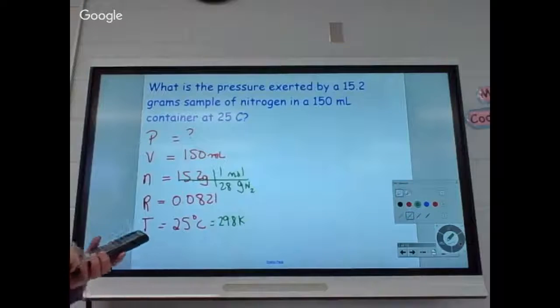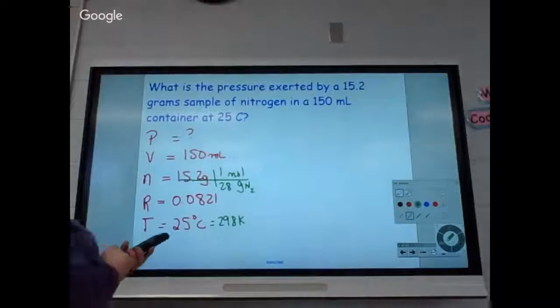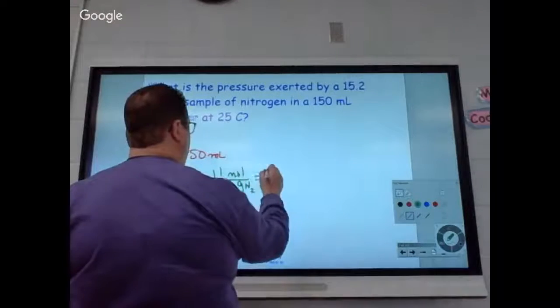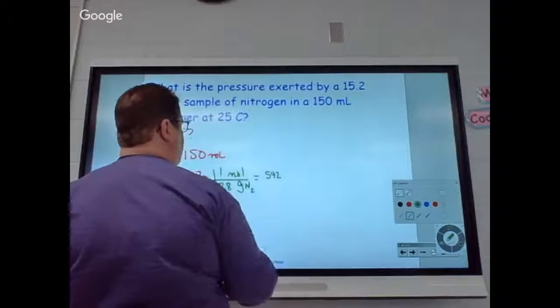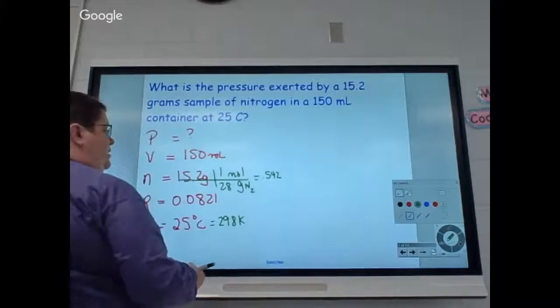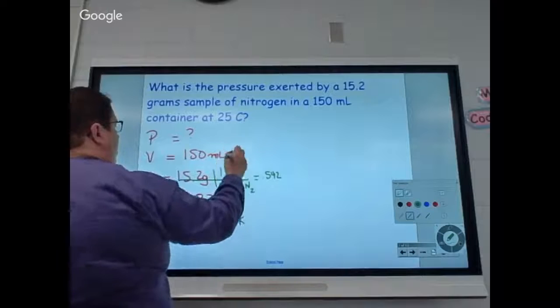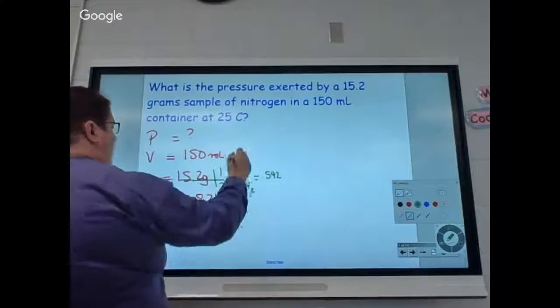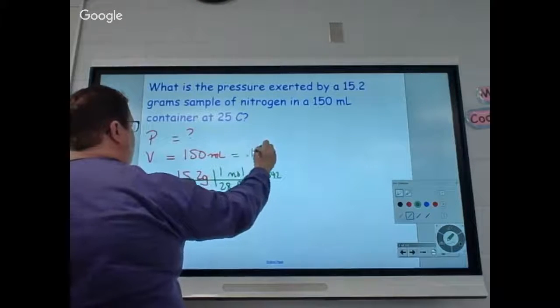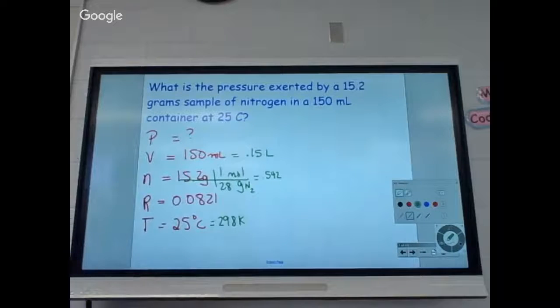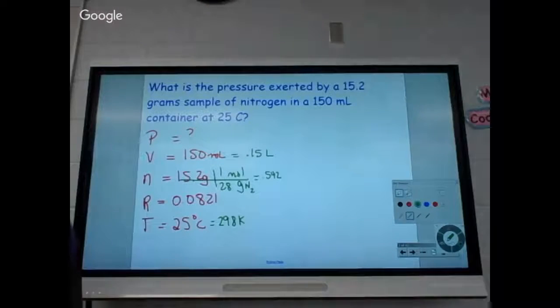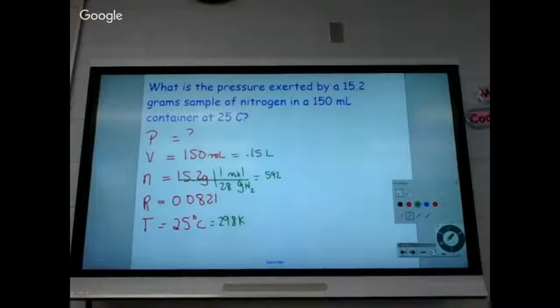So 15.2 divided by 28 is 0.542, because I still do significant digits even though I'm not holding y'all for it. All right, 150 divided by 1,000 is 0.15 liters. So now that's everything converted. Is everybody okay on the converting?